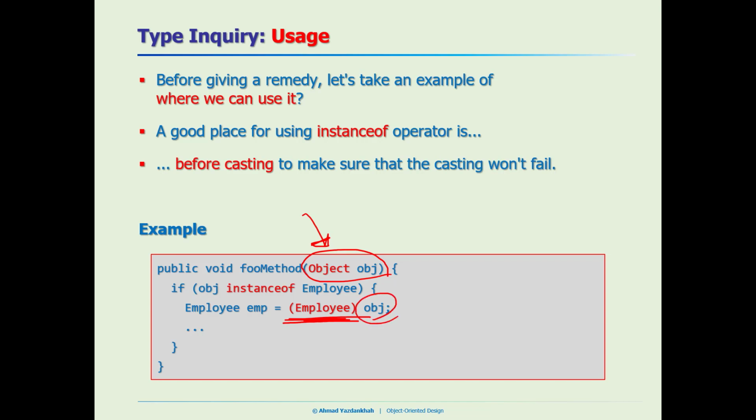So this object will be cast as Employee and we assign it to a real employee variable like this. Before this casting is one of the usages of instanceof. We want to check whether it is really of type Employee.